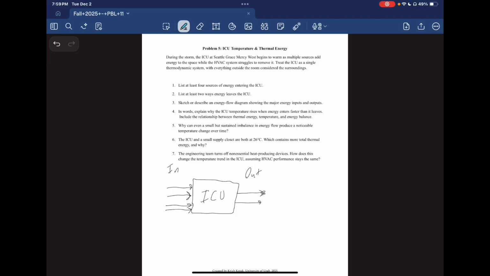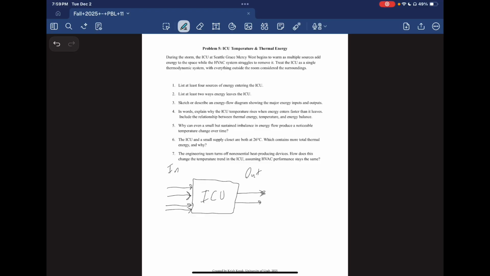But if it's continuous and sustained over hours and hours of time, then eventually there's a whole lot of temperature and heat building up in the ICU here. Mathematically, if you were to do this, you would integrate the change over time.